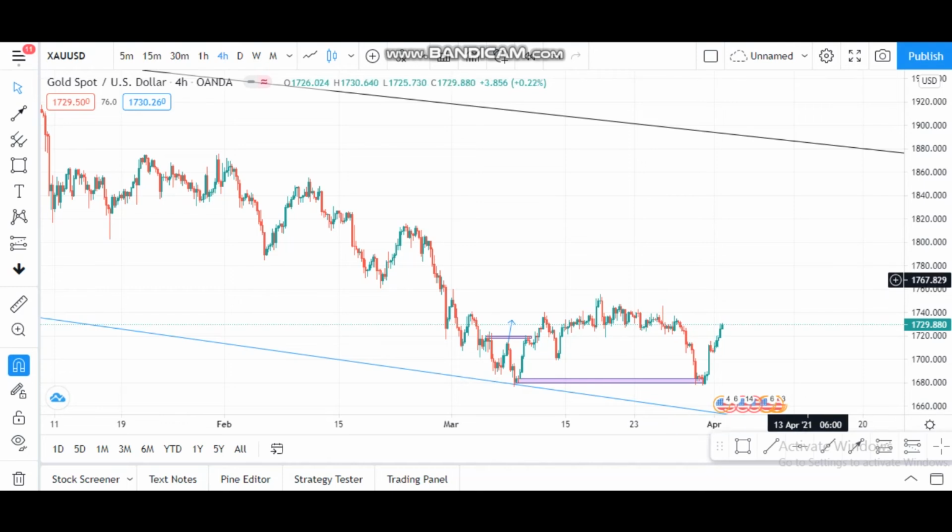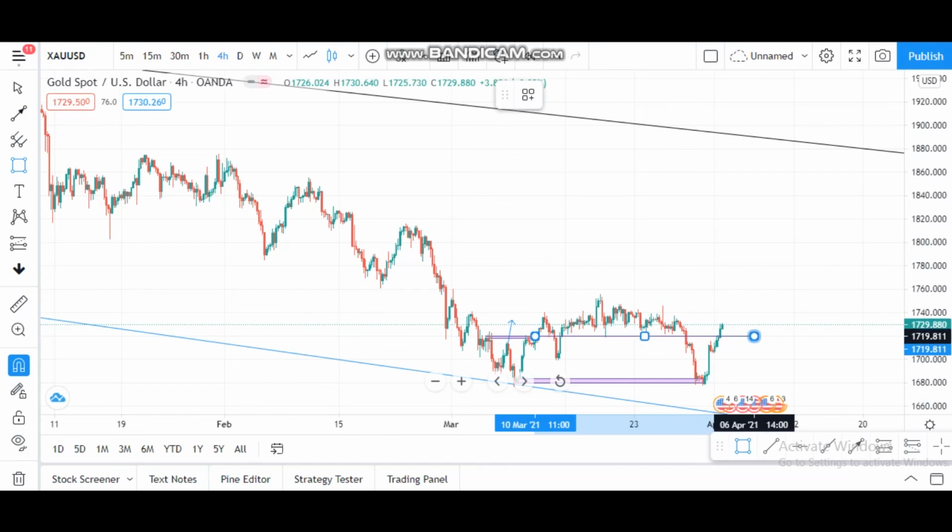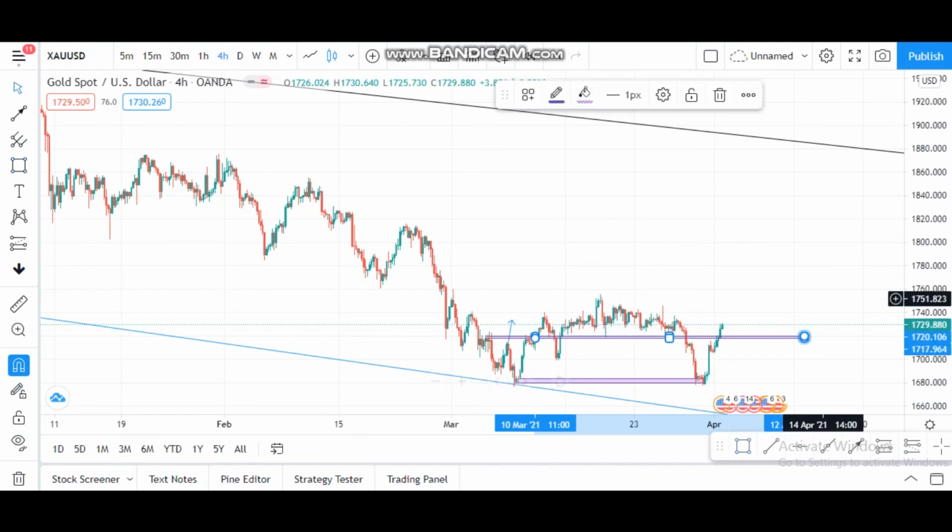The market hasn't broken through this resistance structure. For the market to break through this resistance structure, we anticipate that we should have a retest at the nearest support zone before reversing.